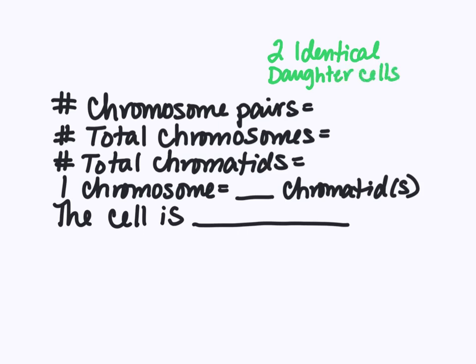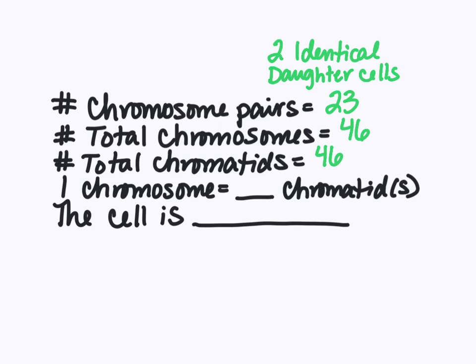And each cell has the following number of chromosome pairs, total chromosomes, chromatids, etc. So each one of these daughter cells is going to end up with 23 pairs of chromosomes, which equals 46 total chromosomes. So remember, pairs are 2, so we have 46 total chromosomes. Now during mitosis, we split the number of chromatids in half, so each cell is going to end up with 46 total chromatids.